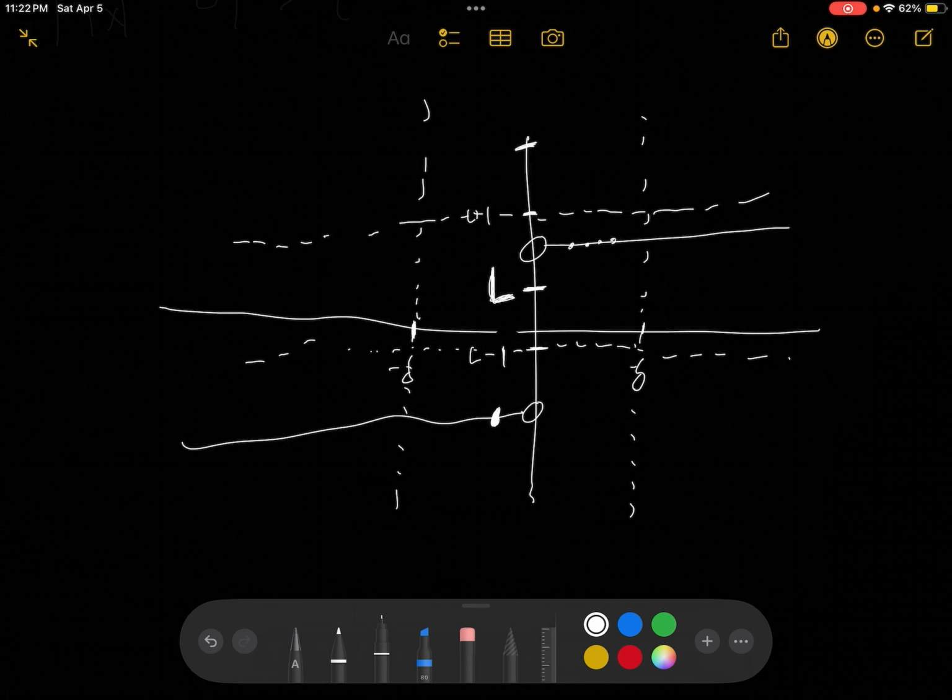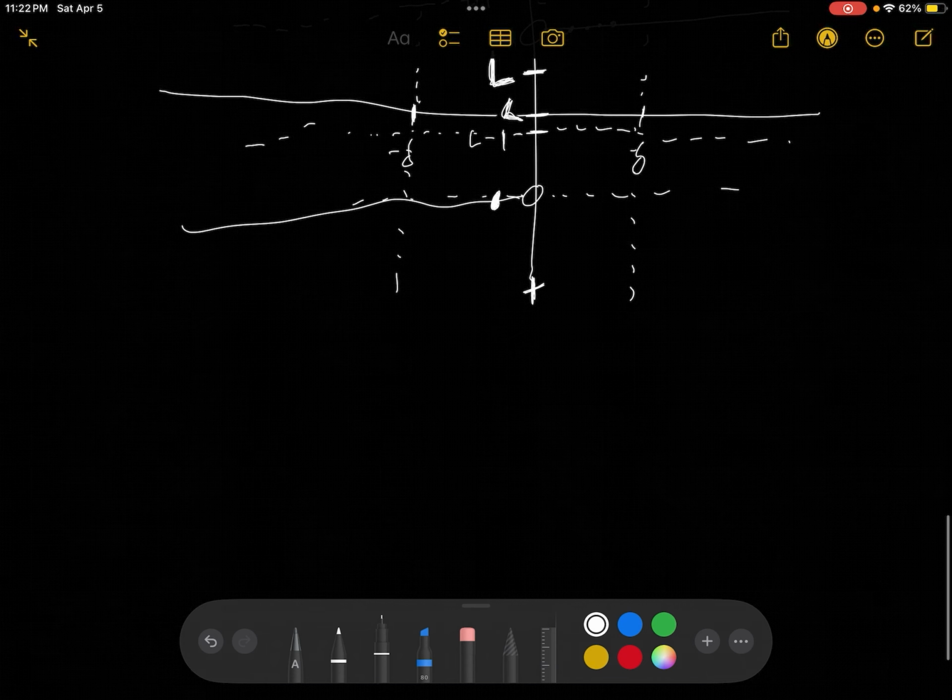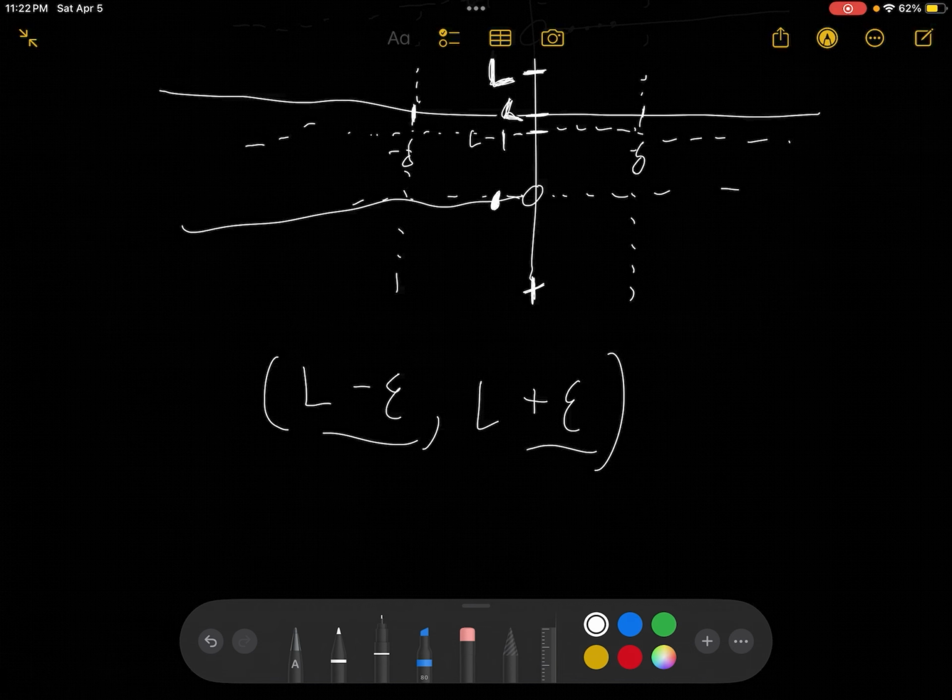Like if we have some really huge value for L, then obviously both parts of the function are going to be outside that radius. If we have some huge negative value, both parts are going to be outside. And if we have some value inside, like if L is 0, then again, both parts of the function are going to be outside the radius, because remember, our radius is an open interval. We're considering the interval from L minus epsilon to L plus epsilon, not including these endpoints.